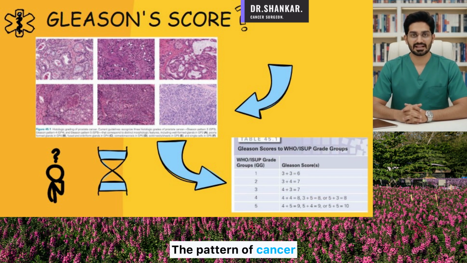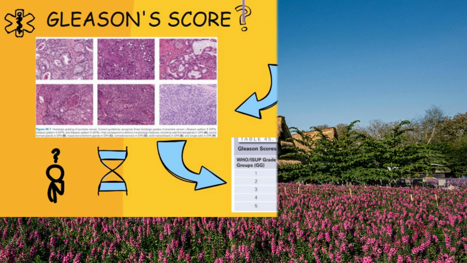The pattern of cancer cells that takes up the largest area in the sample is assigned the first number. The pattern that accounts for the second largest area is given the second number. Add these two numbers together and you get a Gleason score. For example, pattern 3 plus pattern 4 equals a Gleason score of 7.